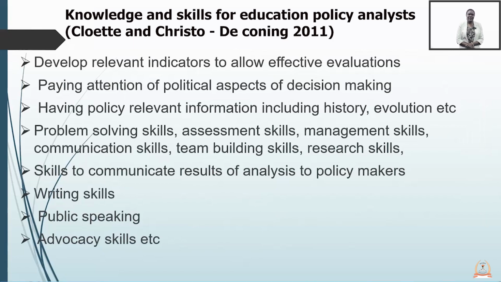You should also have emotional intelligence, to pay attention to political aspects of decision making, because as you remember, there is a link between politics and policy. You should also have the knowledge or relevant information about the policy, for example, its history.